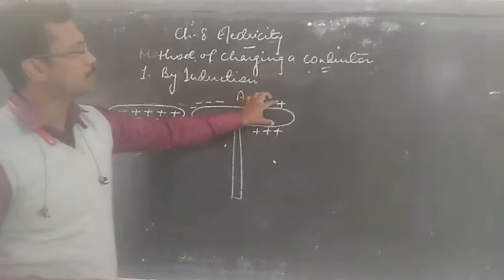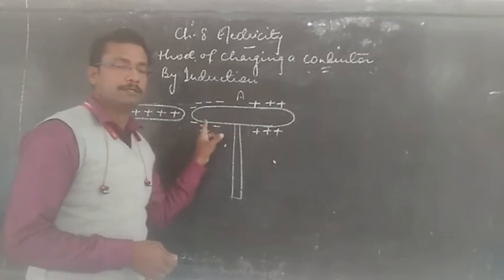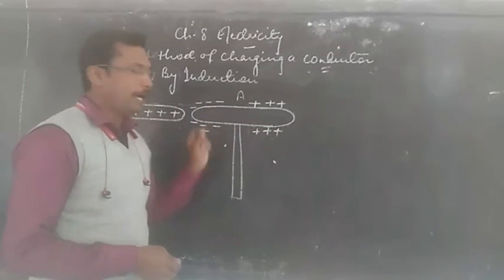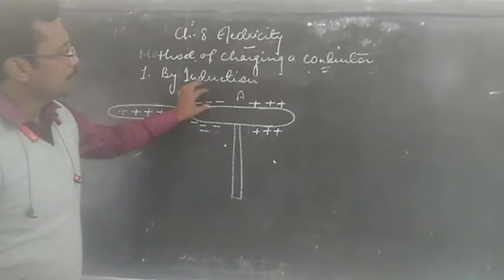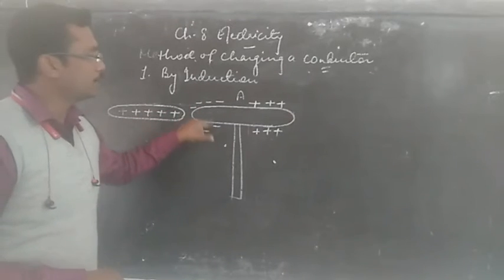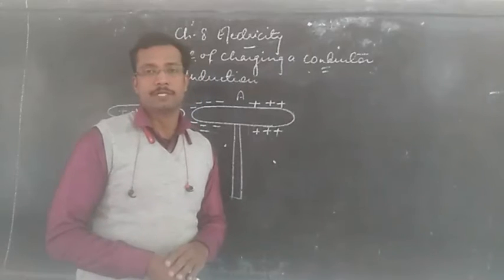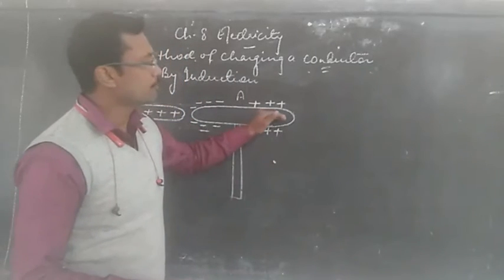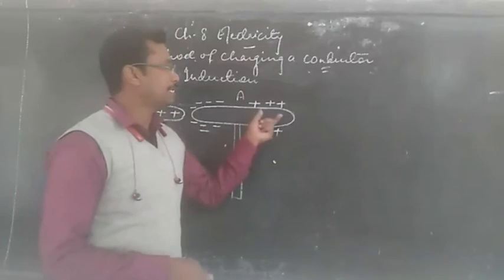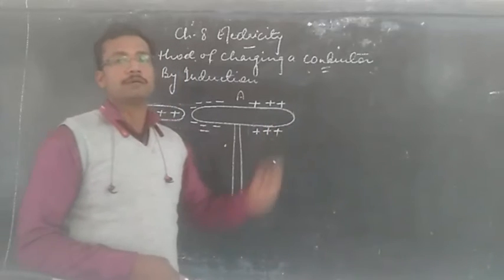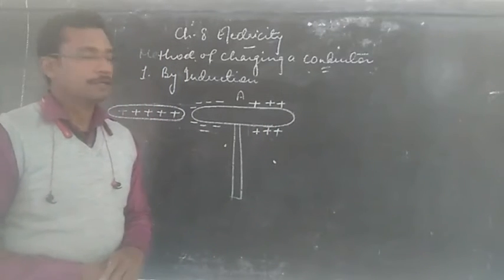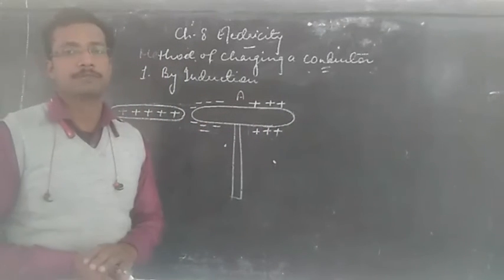Instead, the free electrons will accumulate at this end. As a result, due to the extra electrons accumulated at this end, it gets negative charge. And due to the loss of free electrons at the other end, it acquires positive charge. This is how the charging is done.